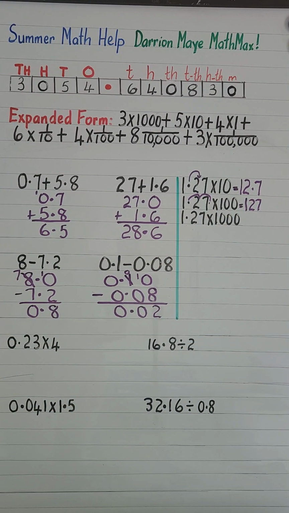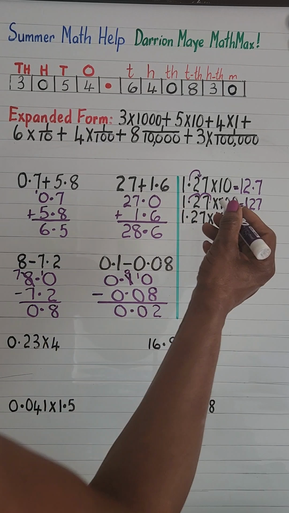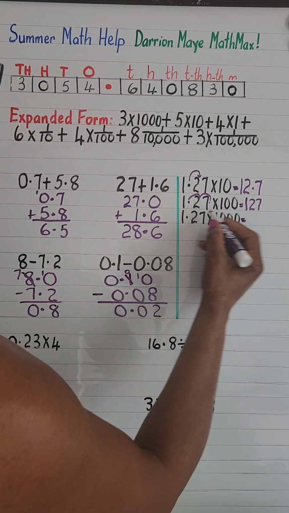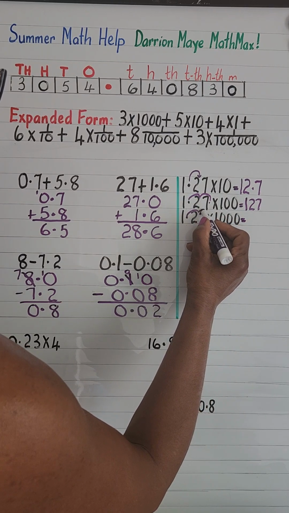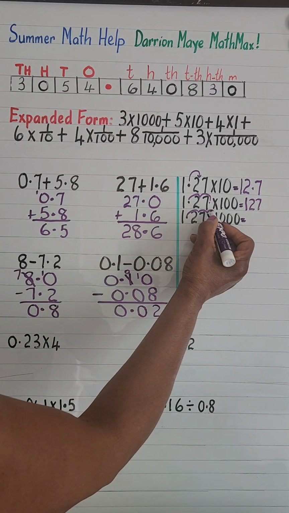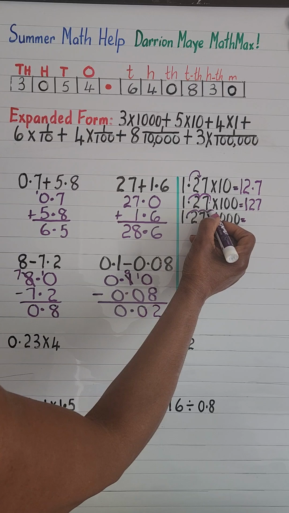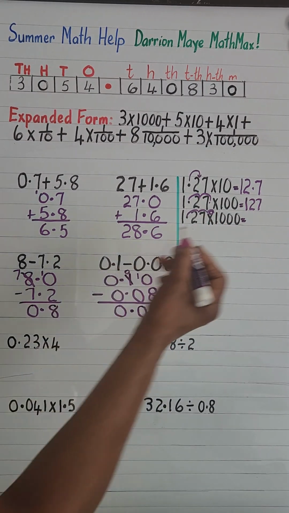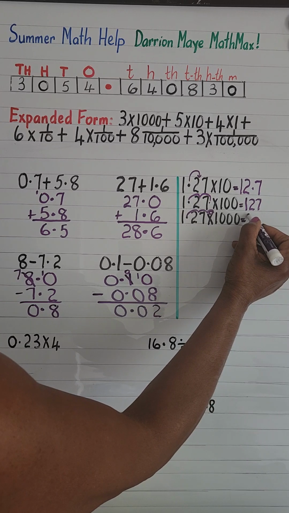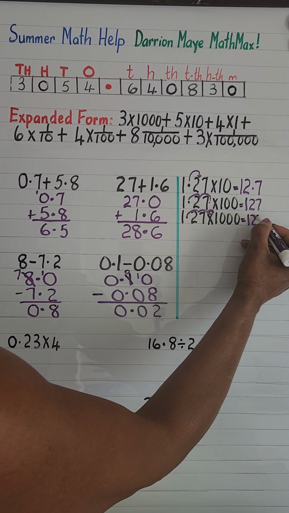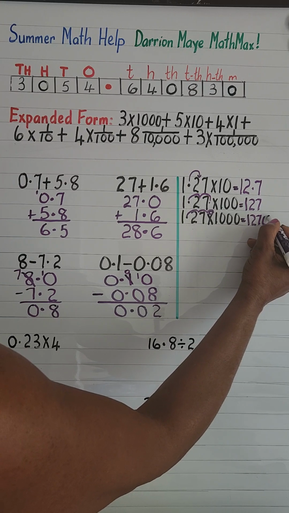And then when we multiply by 10 to the third, which is 1000, we move it 3 places. 1, 2, 3. You notice there's no number right here, so we're going to just fix a 0 as a placeholder. So our answer is 1270.